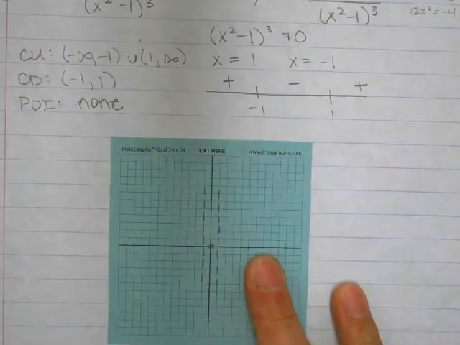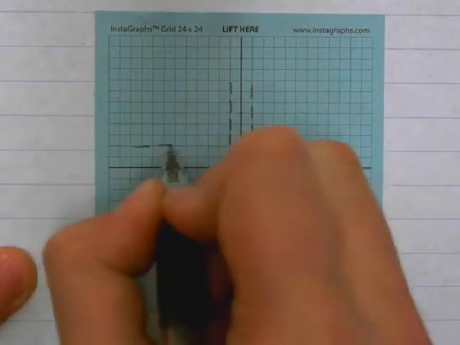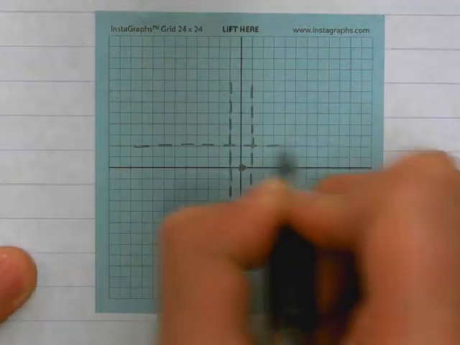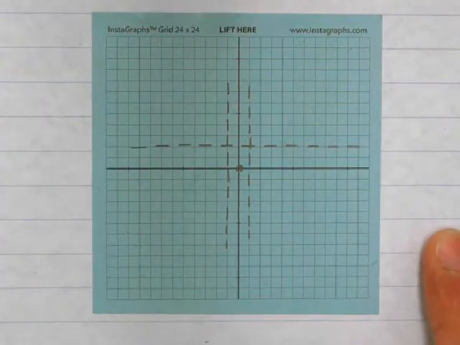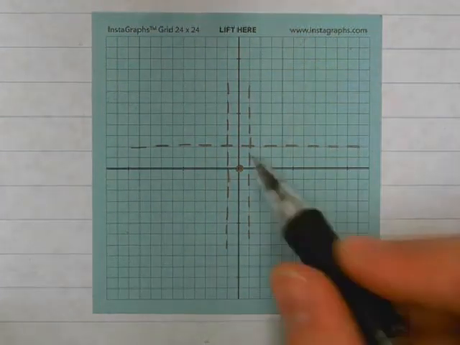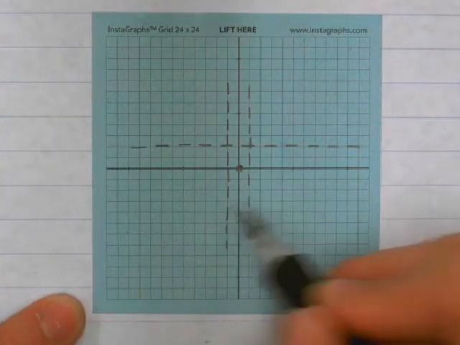I know I have a horizontal asymptote at 2. I know that the maximum of the graph is at 0, and I know that the whole graph is concave down from -1 to 1.